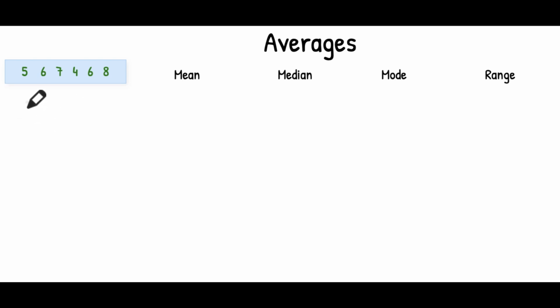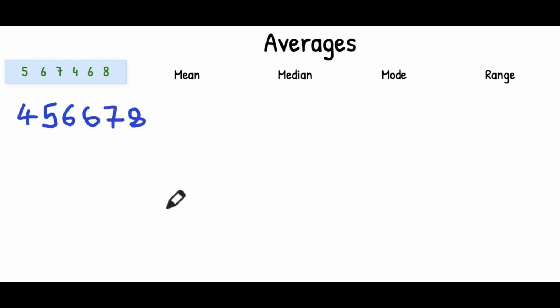What does it mean? The first step, always, when you deal with averages, is to put the data set in order from smallest to biggest. So here we see that our smallest is 4, then 5, then 6, then 6, then 7, and then 8.